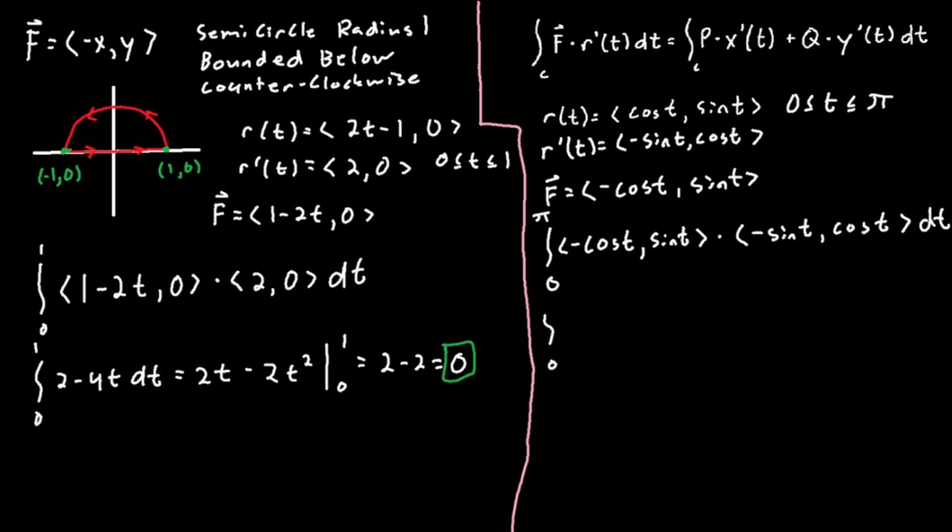You get 2 sine t cosine t. So if you simplify everything, you just get this dt. And the integral of this is just sine squared of t from 0 to pi. And all that just equals 0.